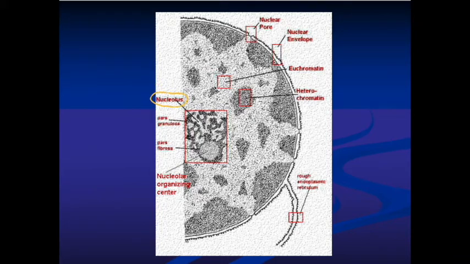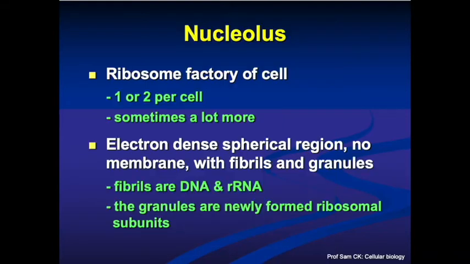The nucleolus is the ribosome factory of the cell. Very important for you to remember this. In a cell, you can find 1 or 2 nucleoli, sometimes a lot more. You can identify the nucleolus by its electron dense spherical region.